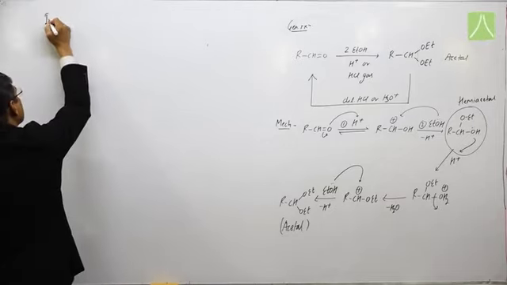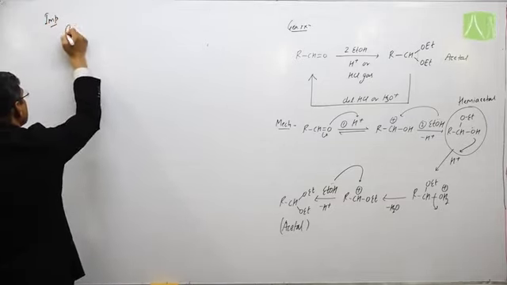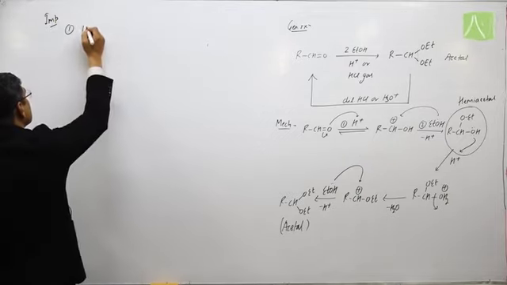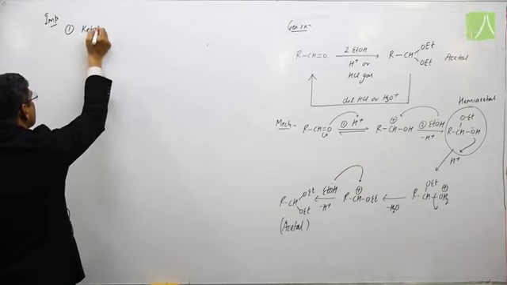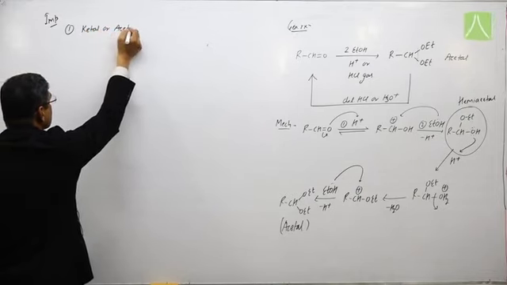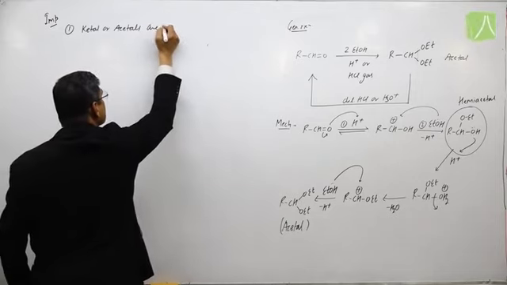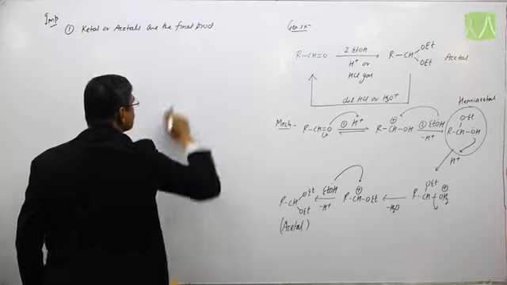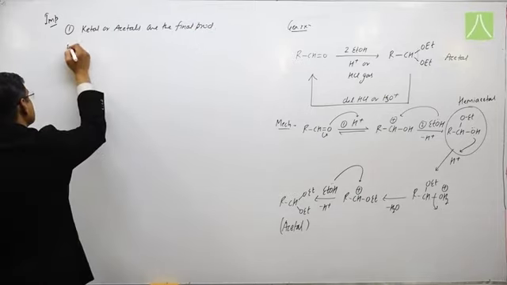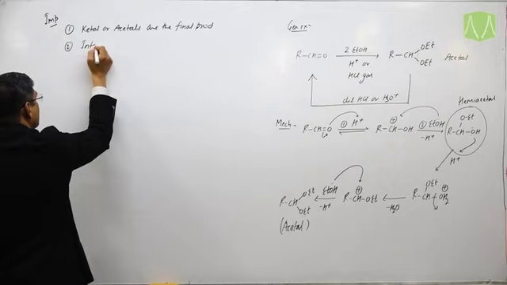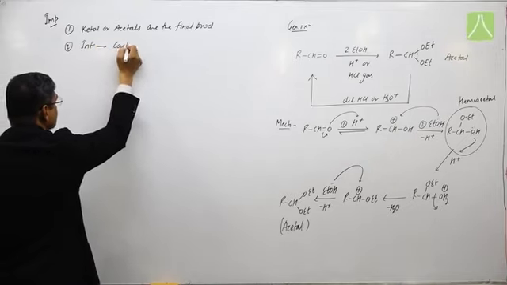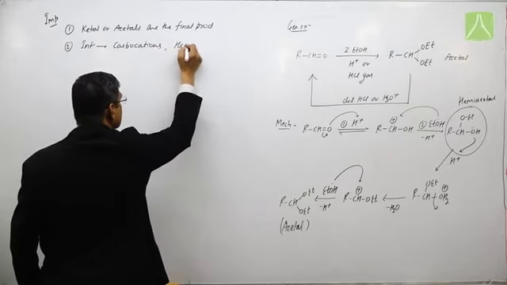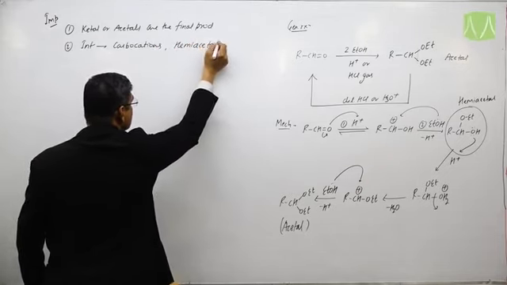Some important points regarding this reaction. First point: ketals or acetals are the final products. Second: intermediates are carbocations and hemiacetals.